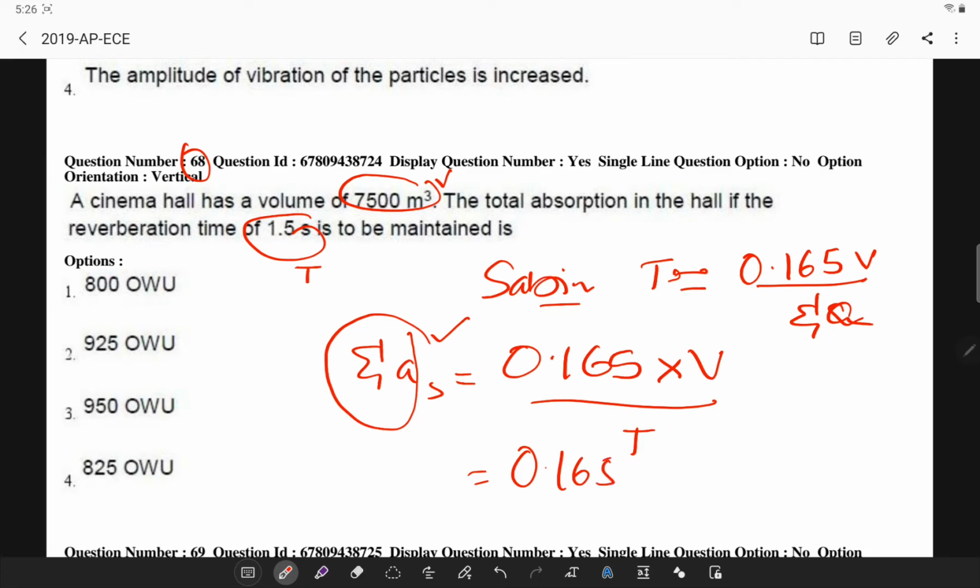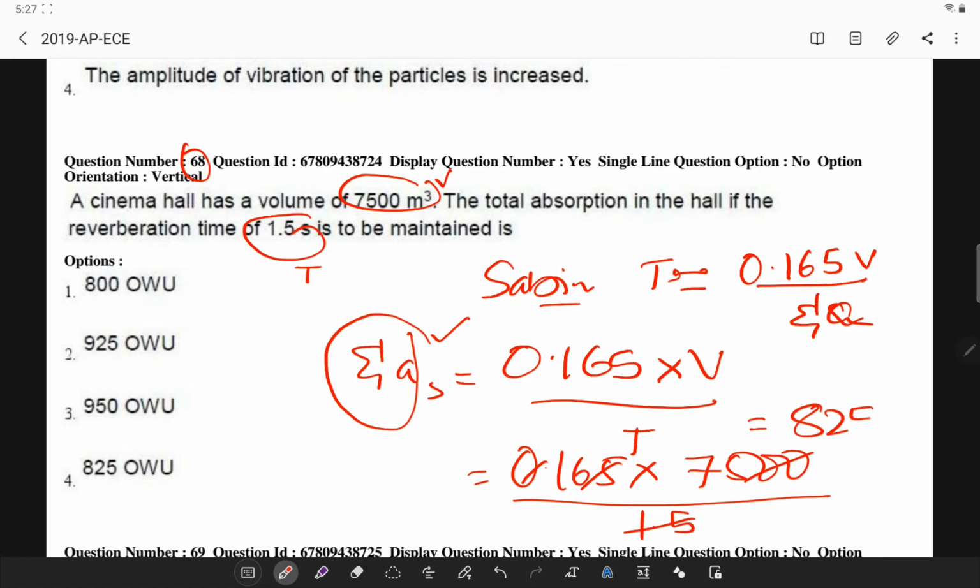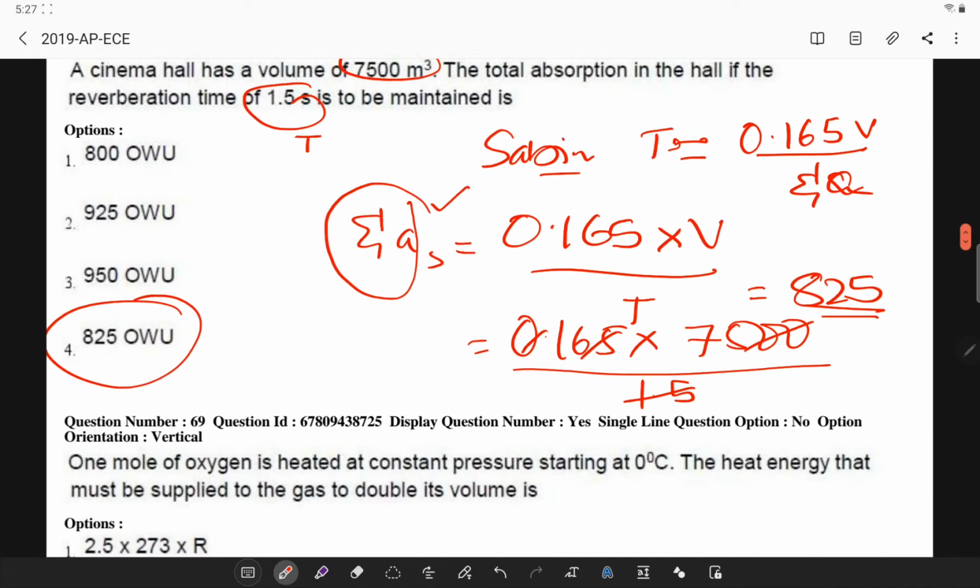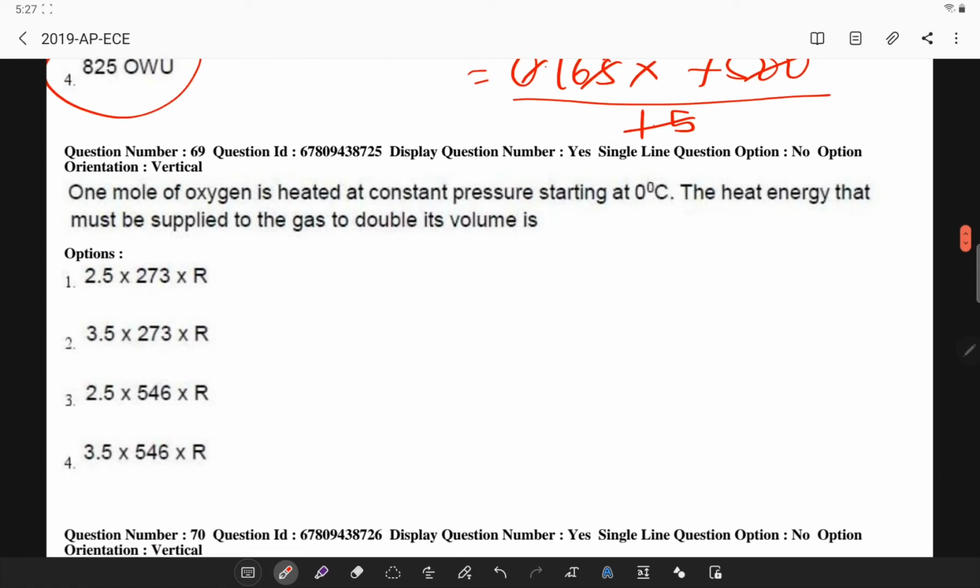So 0.165 into V is given as 7500 divided by T is given as 1.5 seconds. So simply, if I do the calculation, I'll be left with 825. So this is a simple formula which you have to remember.